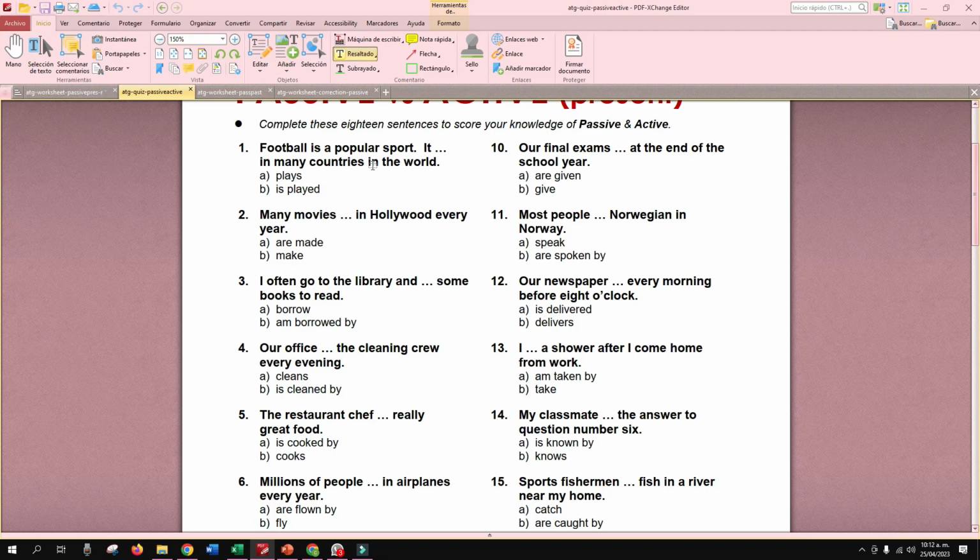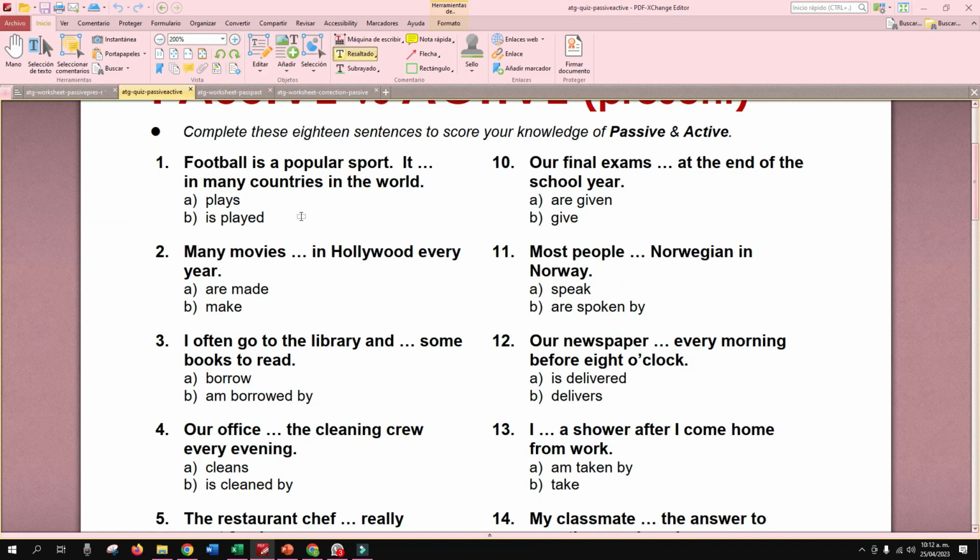Football is a popular sport. It in many countries in the world. Plays or played? Which could be the answer for that one? Letter B, is played. Excellent. So football is a popular sport. It is played in many countries in the world.